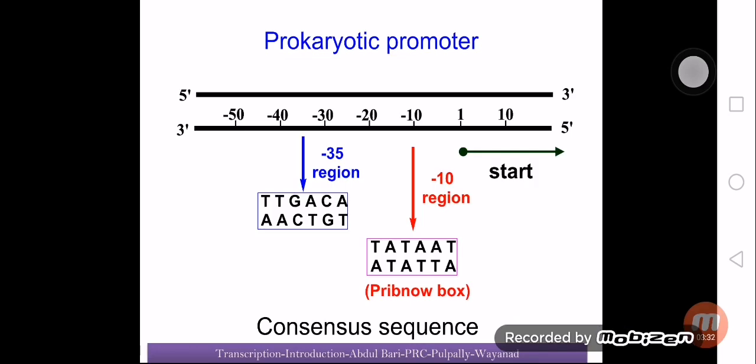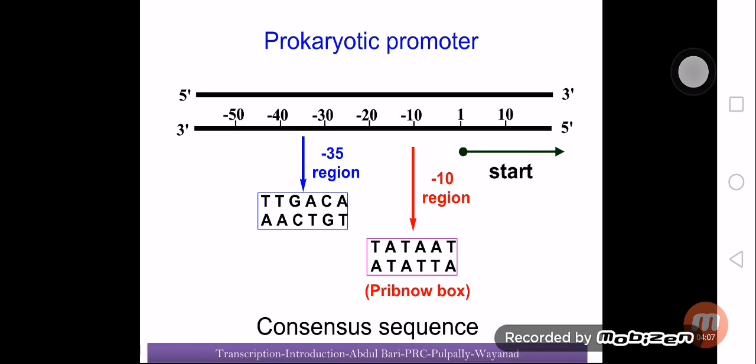So this represents a promoter sequence in bacterial genes. The two important sequences commonly found in bacteria are at locations -10 and -35. The numbers are given in reference to the +1 site, which is the start point of transcription. So 10 base pairs before the transcription start point, you can see a consensus sequence.